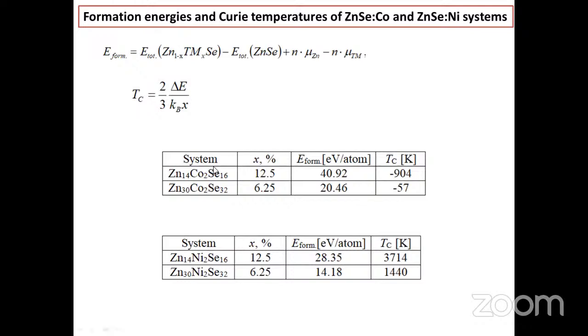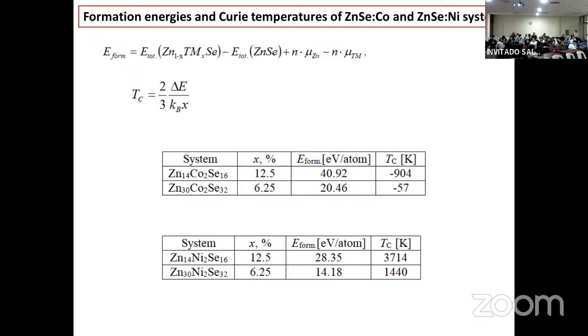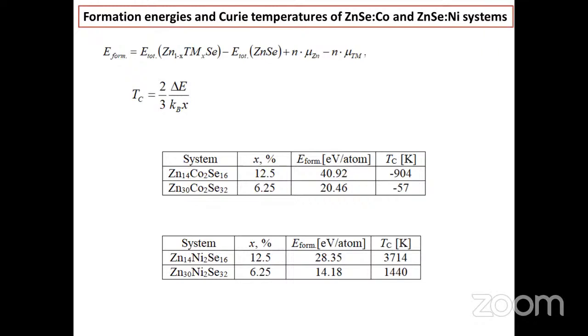In this table, you can see that for cobalt doped zinc selenide systems, the Curie temperature is negative, so these systems are suitable for electronic devices, and the cobalt doped zinc selenide system has no half metallic behavior.